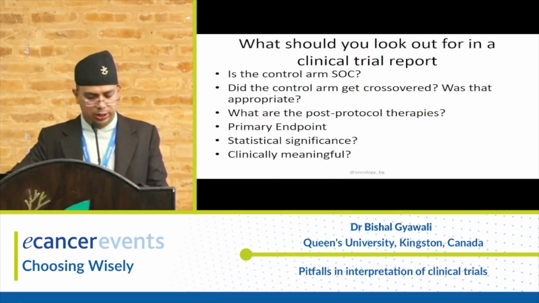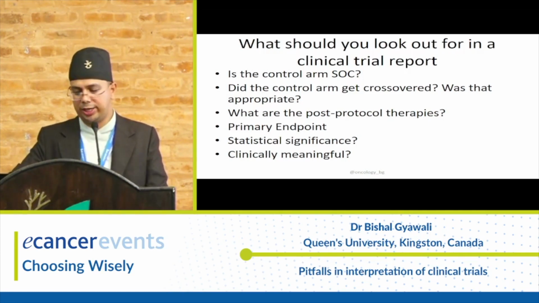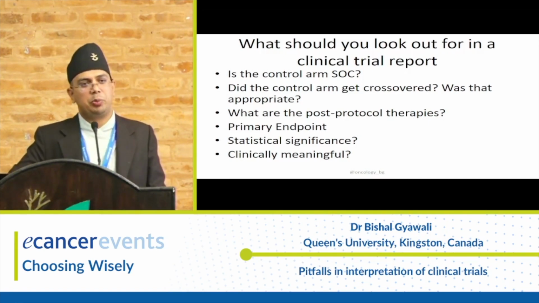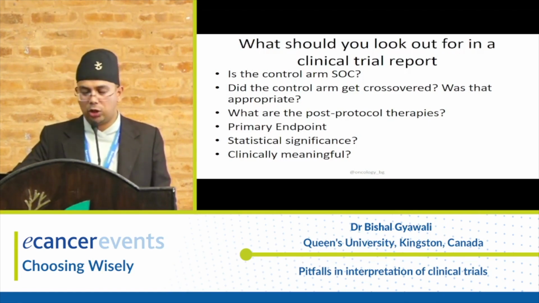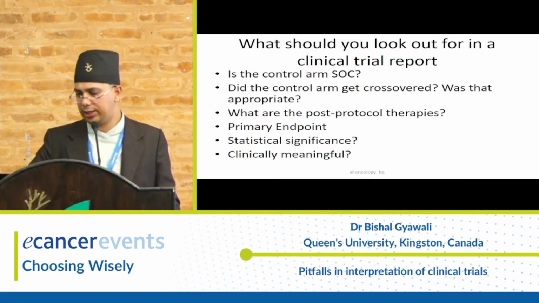If there was a bias in post-protocol therapy, that can lead to confounding in the results of your primary analysis. And again, what was the primary endpoint? Were the results simply statistically significant, or also clinically meaningful? You can use this as a checklist of things to evaluate when reading a clinical trial report.